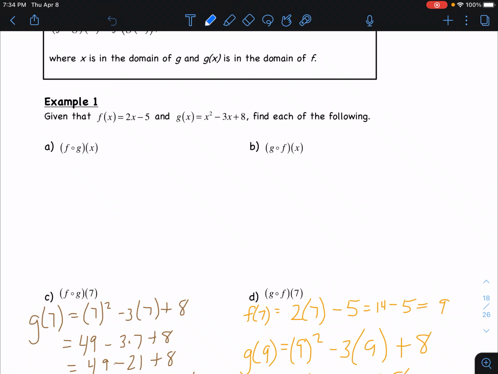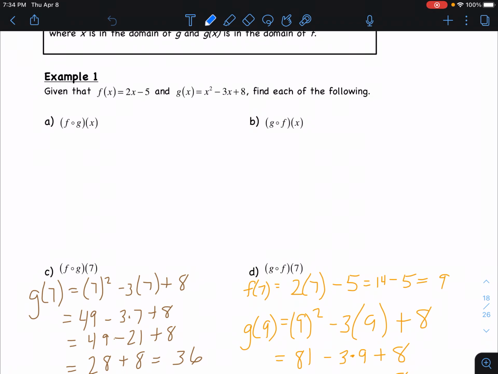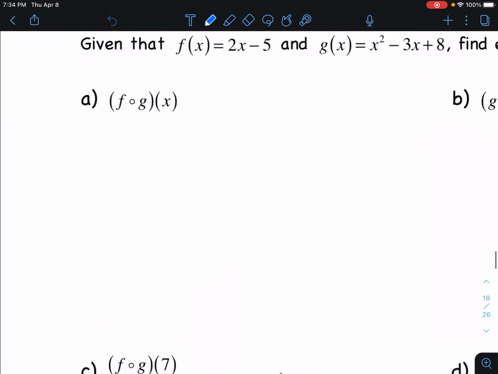Now, example 1 here, we're given two functions, function f and function g in the directions. And it says find each of the following. So in letter A, it says f of g of x. So what we're going to do is we're going to take function g and we're going to put it in for function f for its x's.